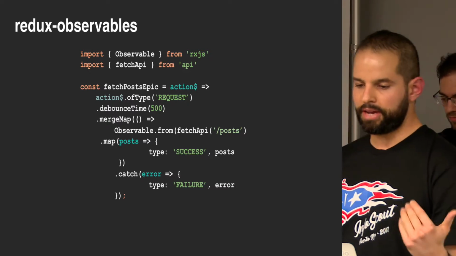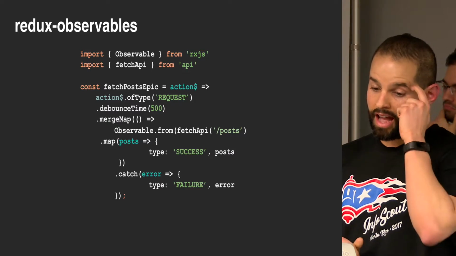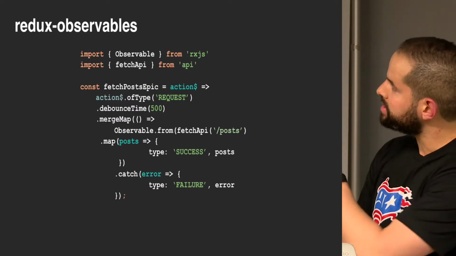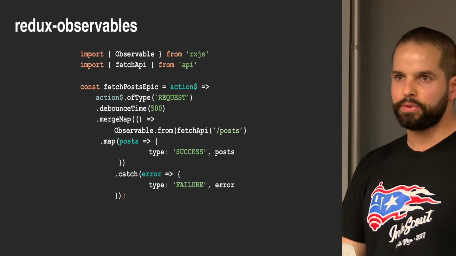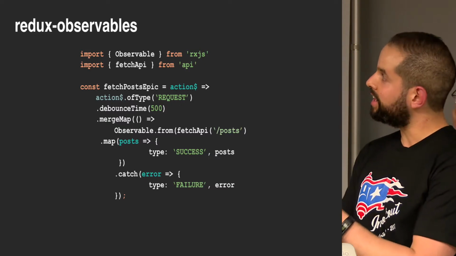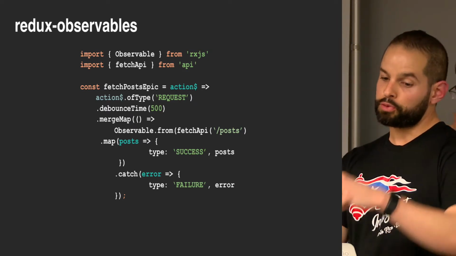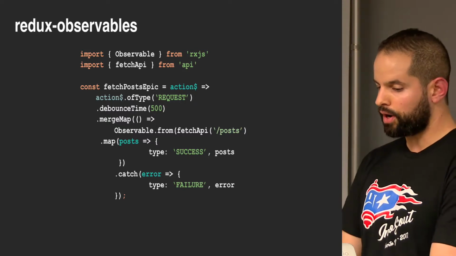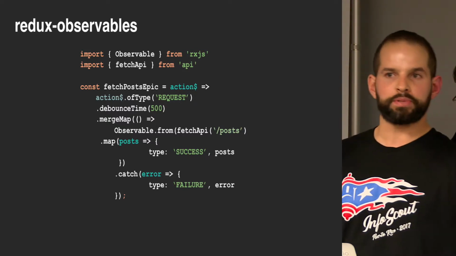We have the same thing here: a request, a success, and a failure action. First, it will wait for an action of type request. Then it will debounce for 500 milliseconds, just like the previous one, the Saga. Then it will mergeMap. MergeMap maps a stream in an asynchronous way to the previous stream. So here Observable.from will do an API call to the post, and from will create a new observable.